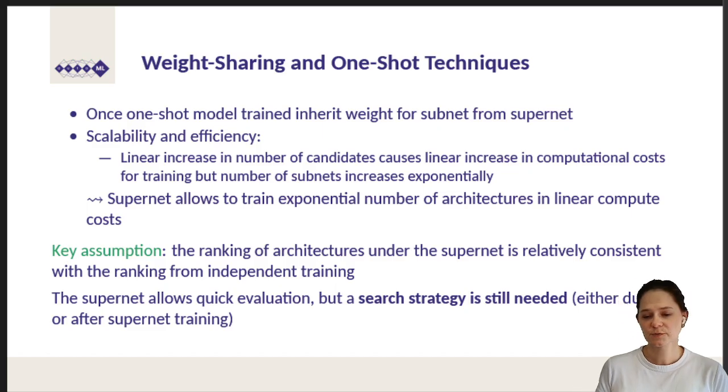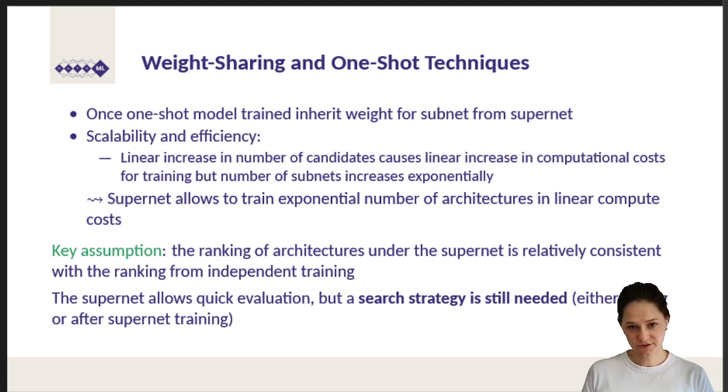So you can train an exponential number of architectures at linear compute cost using a super network. However, with the key assumption that the ranking of the architectures under the super network is relatively consistent with the ranking of the independent training. However, important to note here is that the super network allows for a quick evaluation, so we can have a good proxy of the performance of a particular architecture, but we still need a search strategy. It could be random search or also evolutionary or Bayesian optimization.